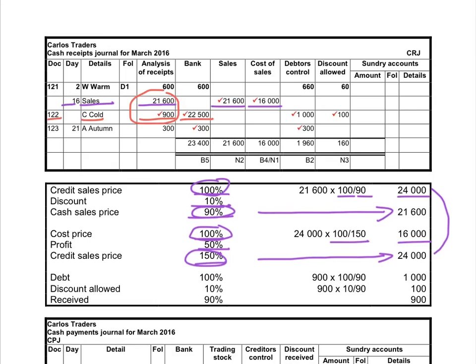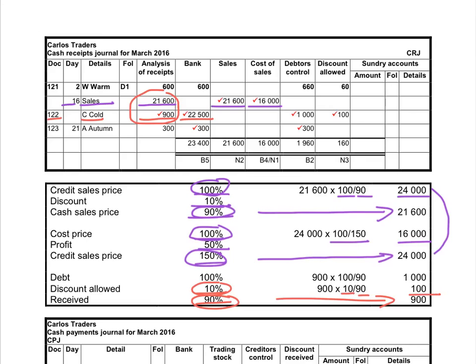Then we have to show this C code, we received 90% of his debt, and that was equal to 900 Rand. If we want to know what was the 10% discount, we will multiply with the one that we want to know, divide by the one that's known, 900, and that will give me 100 Rand.